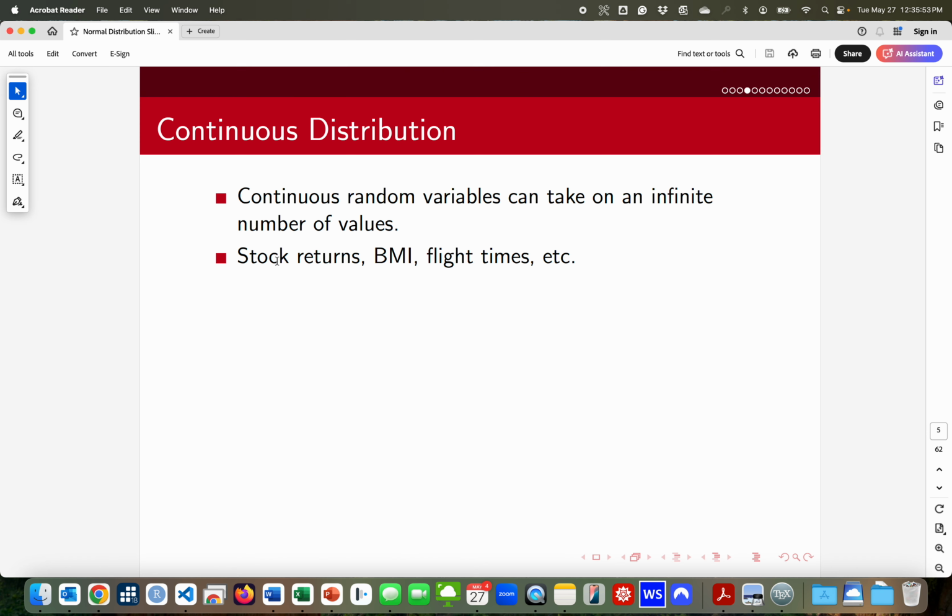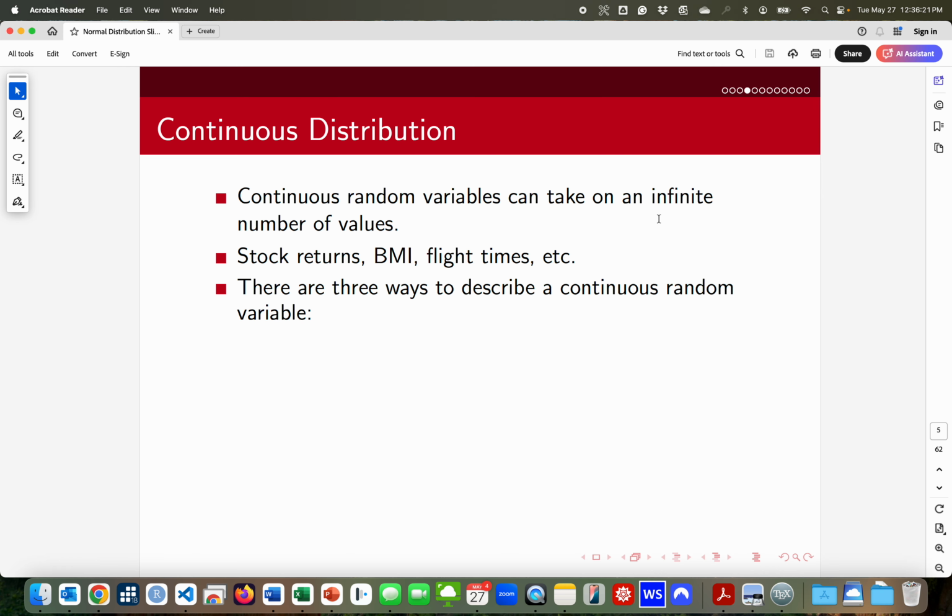They can take on any value, in theory, between negative 100% and positive infinity. So it can only lose it all. It can go to 0, which means that there's a 100% negative return, or it can go up as much as it possibly can. Body mass index is continuous. How long it takes to fly somewhere. These are all things that are continuous.